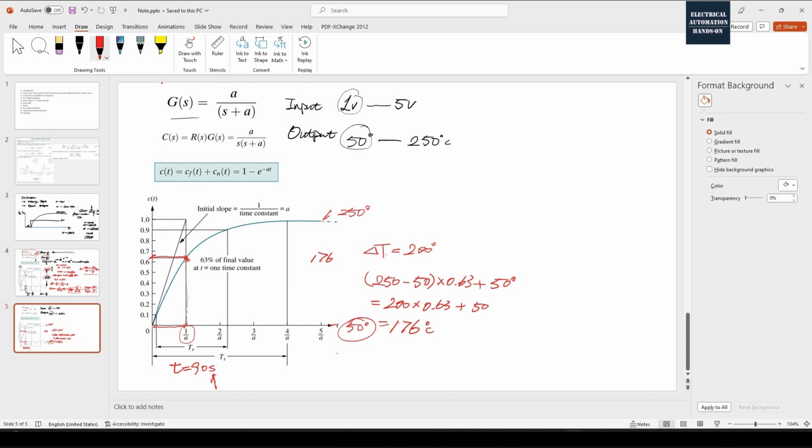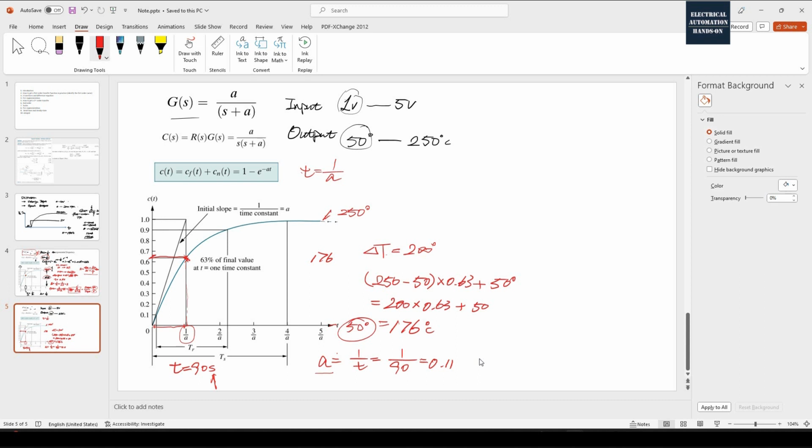So take care, we have to use seconds as the unit. Okay, so when we get this 90 seconds, if you recall here, T is equal to 1 over a, right? So a is equal to 1 over T, then 1 over 90. 1 over 90 equals 0.11. Okay, this is the exponential frequency here.